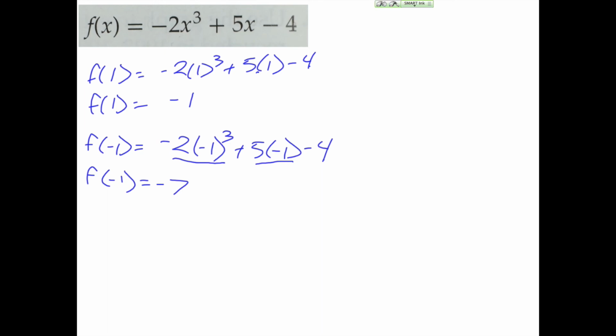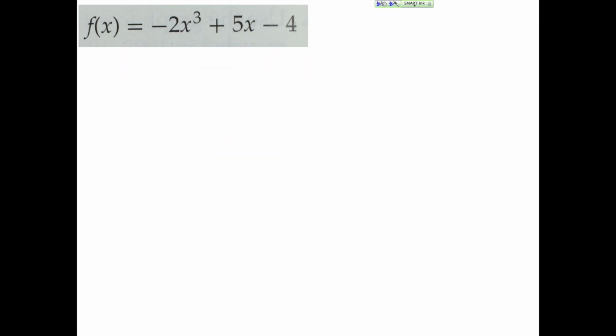So now we need to test and see if it's odd. And what's my test to see if it's odd? Plug in opposite x and y. So I want to plug 1 in for everything, and then I want to plug negative 1 in for everything. So 1 equals negative 2 times 1 cubed plus 5 times 1 minus 4. So 1 equals, so negative 2 and 5 is 3, so I end up with that.